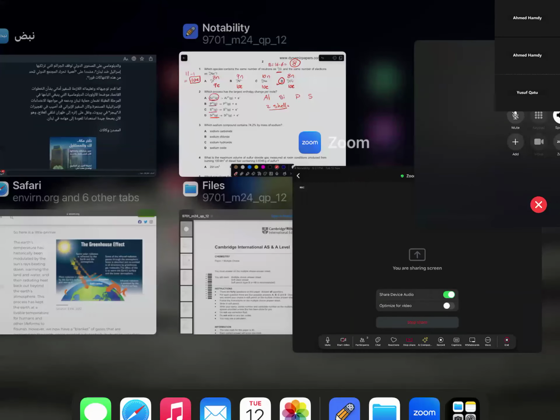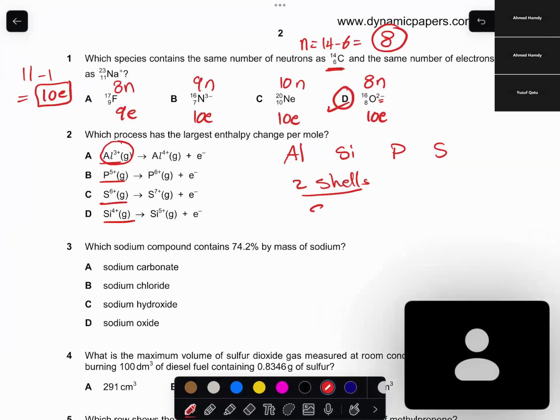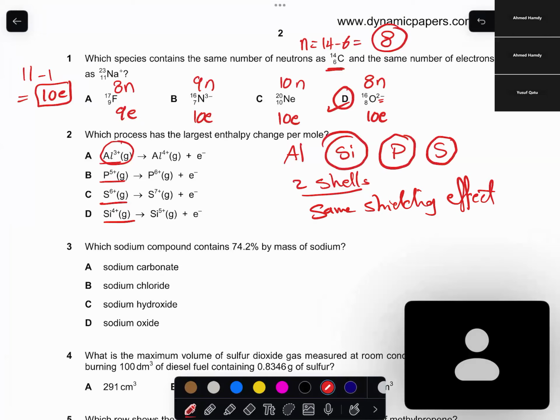So all of them have the same shielding effect. But sulfur is the smallest one, then phosphorus, then silicon, then aluminum, so it has the greatest charge density for sulfur, so it has the greatest attraction force, and it has the largest ionization energy. So the answer is C.